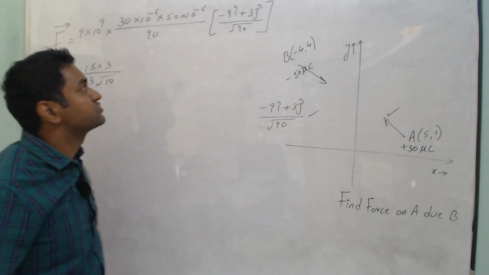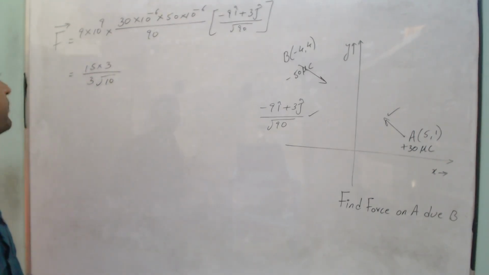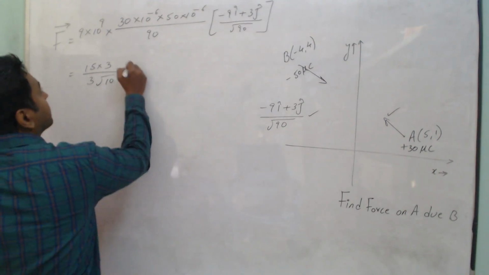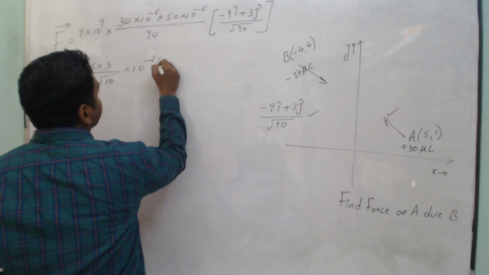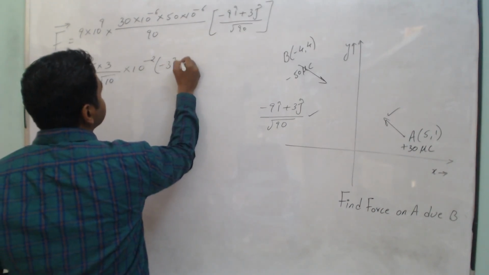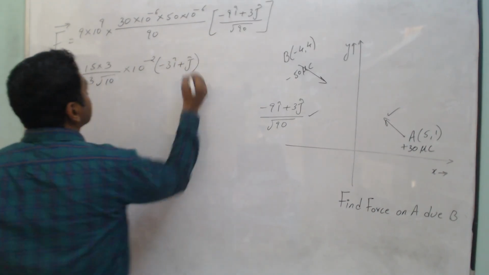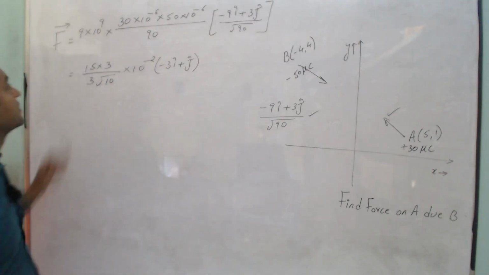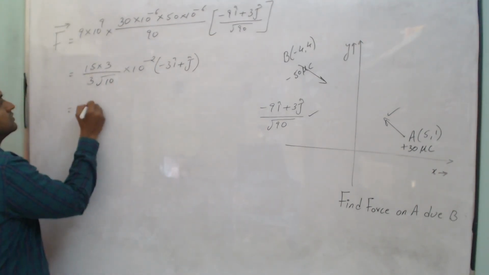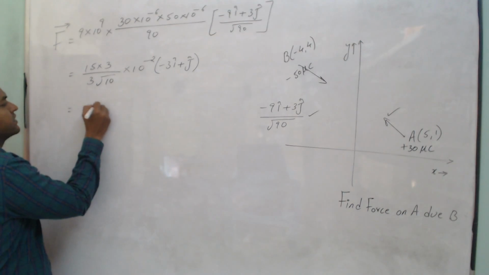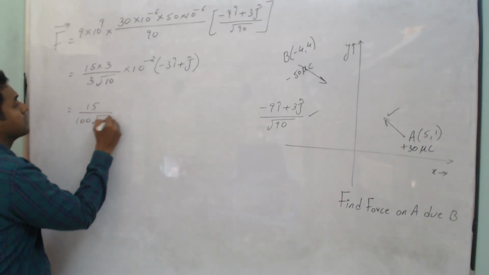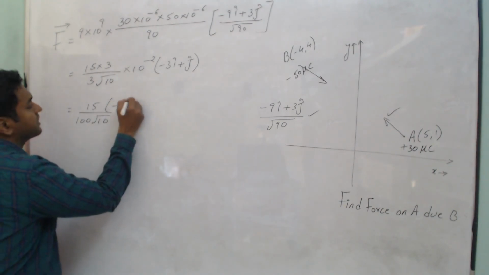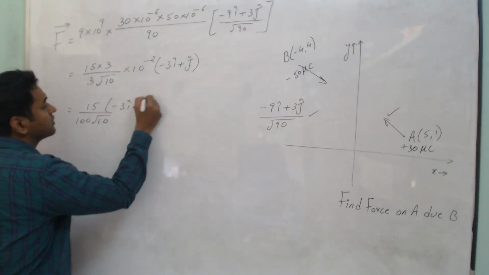This comes to 10 power -2, and in brackets I have -3 I cap plus j cap. Here also 3 3 will get cancelled. So we can write 15 by 100 root 10 times -3 I cap plus j cap, Newton. This is the final answer.